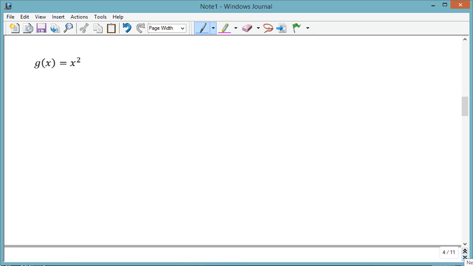Alright, this one is our basic x squared. It's a parabola, right? Starting at (0, 0) and going up. Is there anything that would stop us from plugging in an x? No, I can take any number and square it. So the domain would be all real numbers.